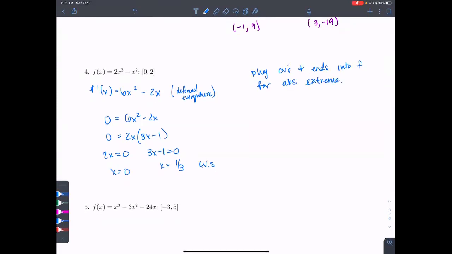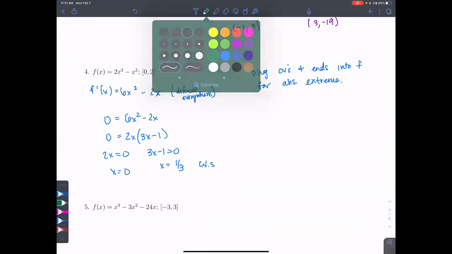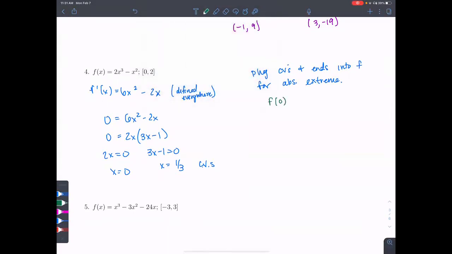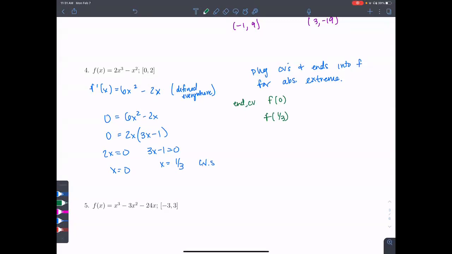Okay, so we have here f of 0, f of 1/3, f of 2. This is an end and a critical value. That's kind of cool. This is an end. This is a CV. Then you plug these in. 2 times 0 cubed minus 0 squared, that's 0.